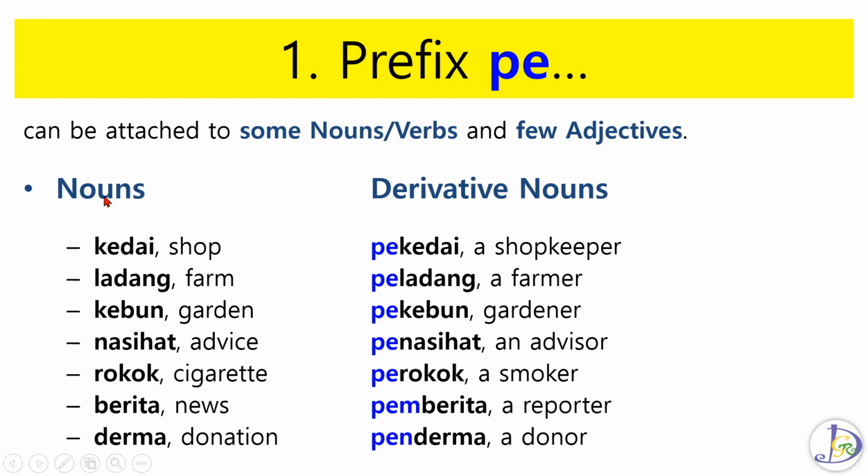Examples for nouns: kedai, shop; pekedai, a shopkeeper; ladang, farm; peladang, a farmer; kebun, garden; pekebun, gardener; nasihat, advice; penasihat, an advisor; rokok, cigarette; perokok, a smoker; berita, news; pemberita, a reporter; derma, donation; penderma, a donor.